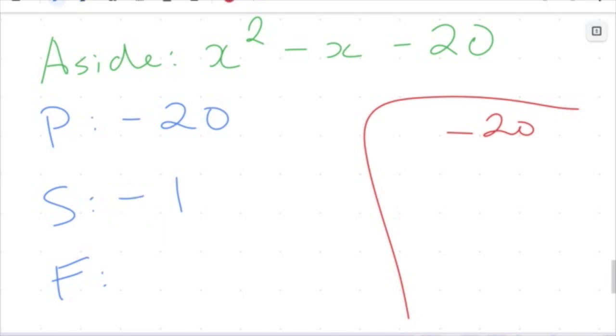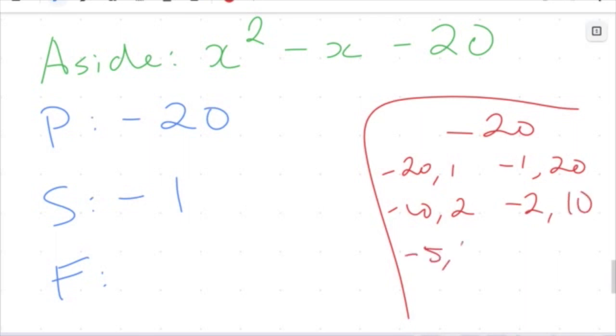But let's just write out all the options and check. So we have negative 20, positive 1, or negative 1, positive 20, negative 10, positive 2, or negative 2, positive 10. And we also have negative 5, positive 4, or positive 5, negative 4.